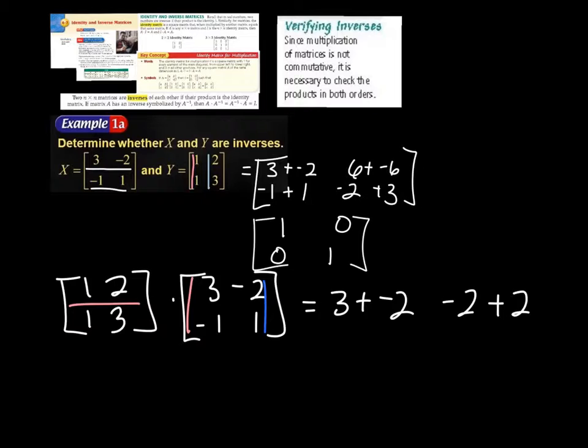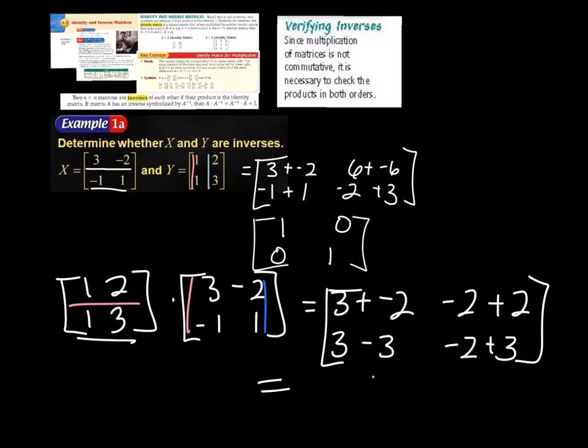Starting over, we've got second row back to the first column: 1 times 3 is 3, 3 times negative 1 is negative 3, and 1 times negative 2 is negative 2, 3 times 1 is 3. When we simplify that, we also get 1, 0, 0, 1. So finally, I get to conclude that yes, they are inverses.